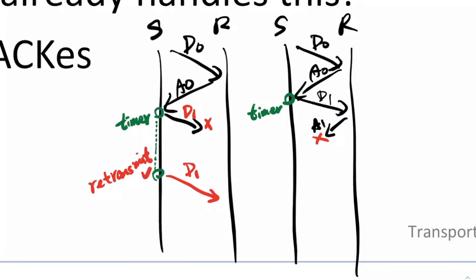Again, no matter if D1 gets lost in the router or A1 gets lost in the router, if S does not get the response, which is A1, eventually the timer times out, and then the sender will retransmit the packet whose response is missing.